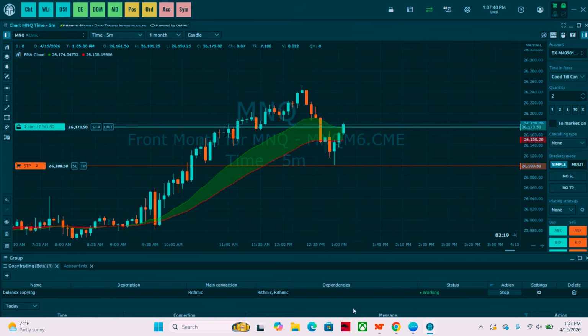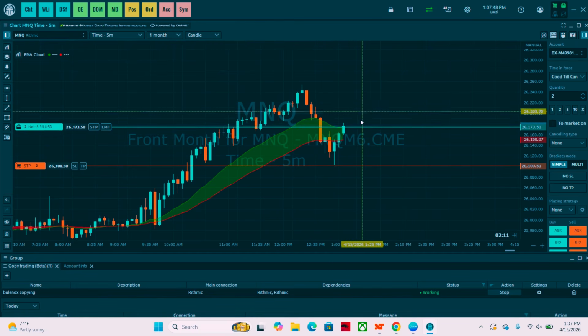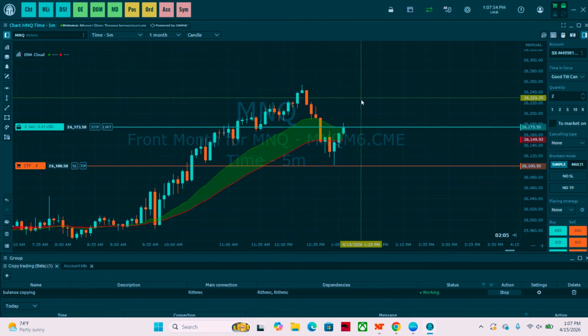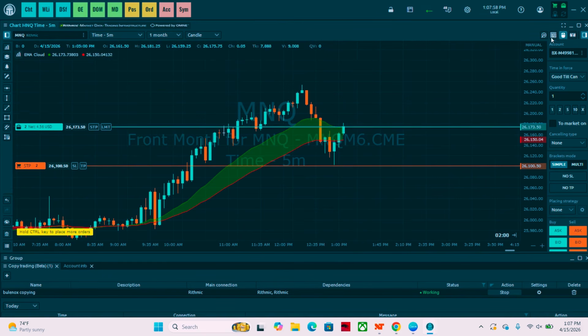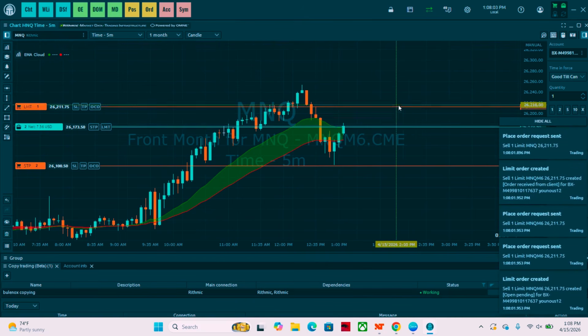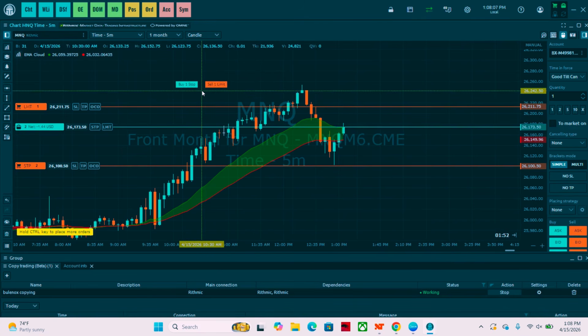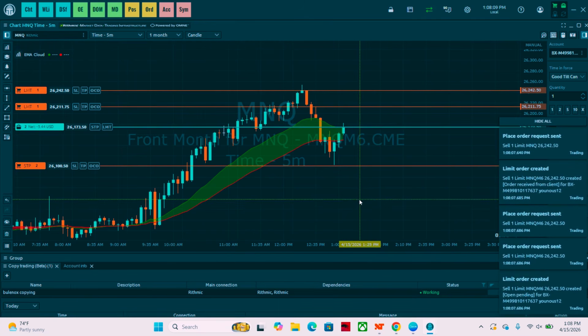I am copy trading a few accounts, that's why I'm trading just micro, just to show you guys my way of trading. I could have a take profit right here or here, or I could have 1 micro take profit in this kind of resistance area here before the 20, and then the second one maybe up here, just like that.